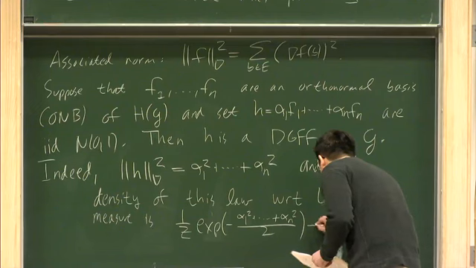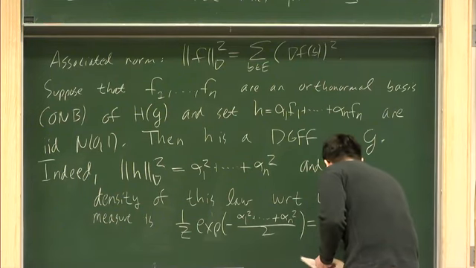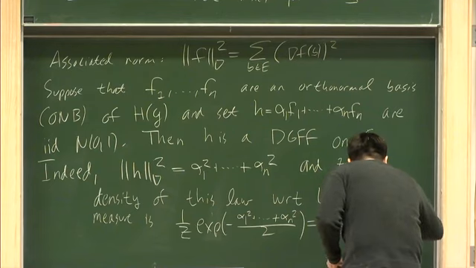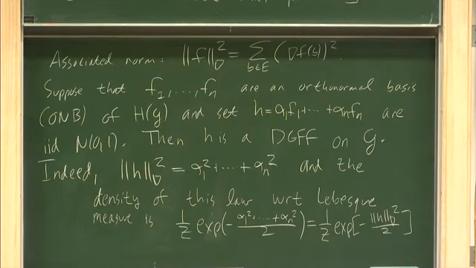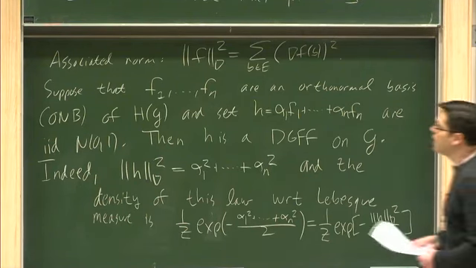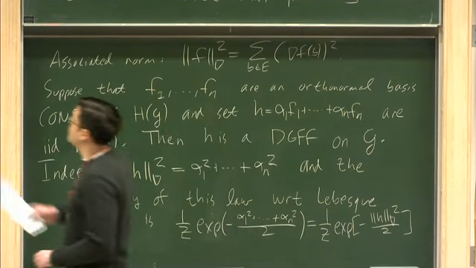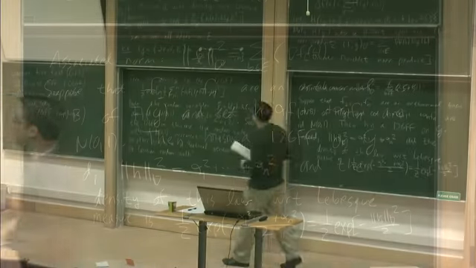And you can rewrite this as e to the minus norm of h squared divided by 2. And that was exactly the form of the density for the discrete Gaussian free field that I wrote in the very beginning at the top of this board over here.